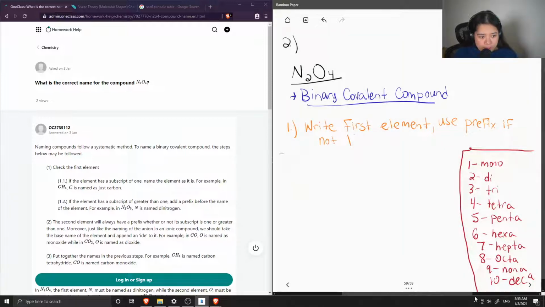But the second step of naming binary covalent compounds is to then name your second element. And for your second element, you would always use a prefix.